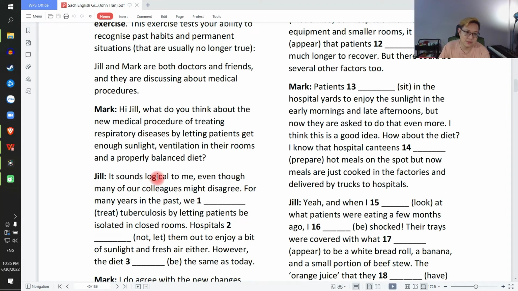It sounds logical to me, even though many of our colleagues might disagree.